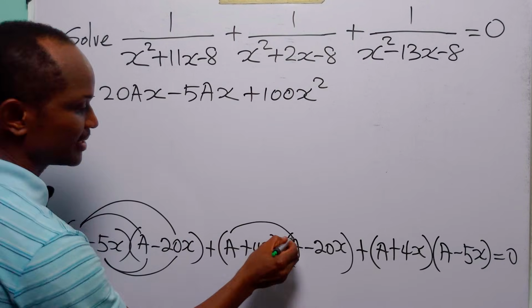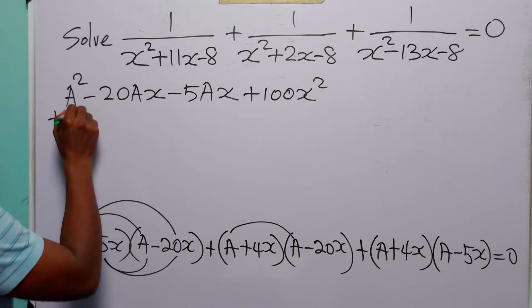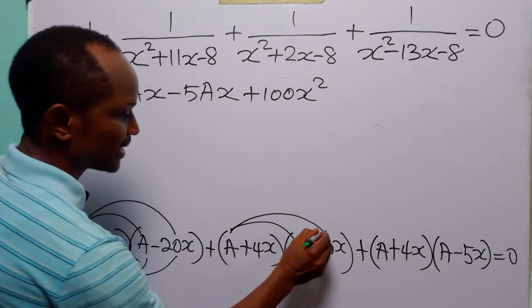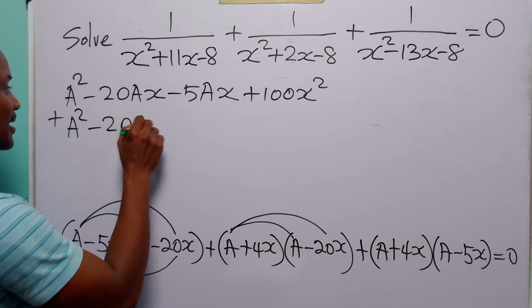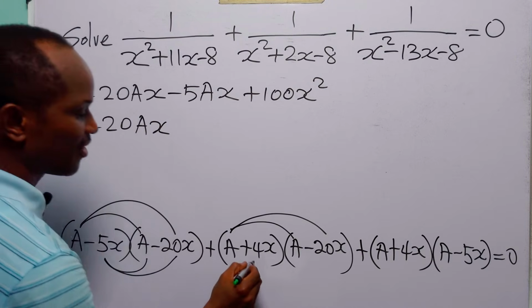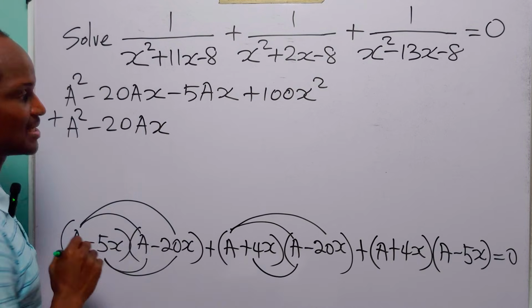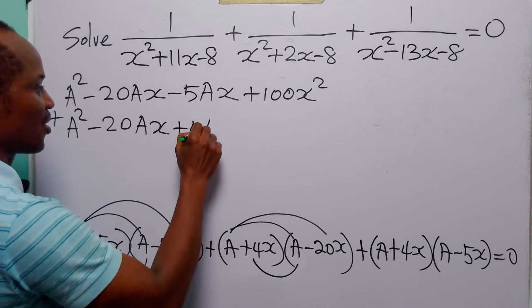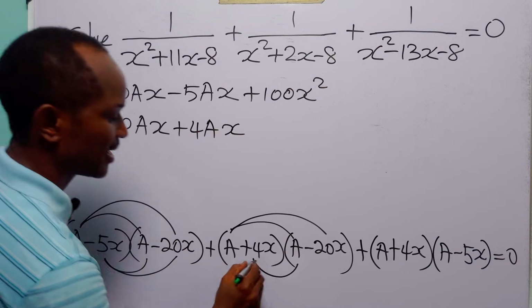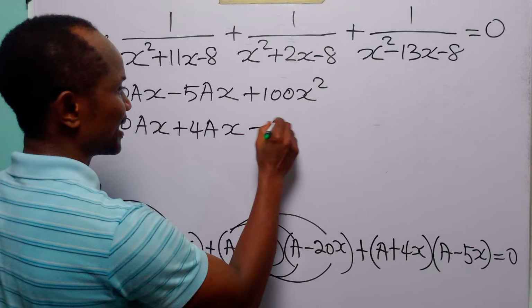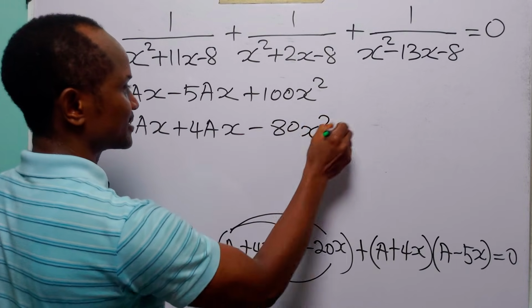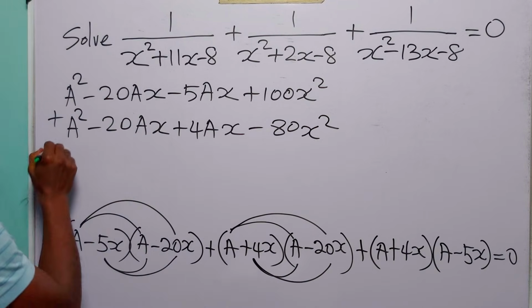Plus a times a is a squared. A times minus 20x is minus 20ax. 4x times a is plus 4ax. And 4x times minus 20x is minus 80x squared.